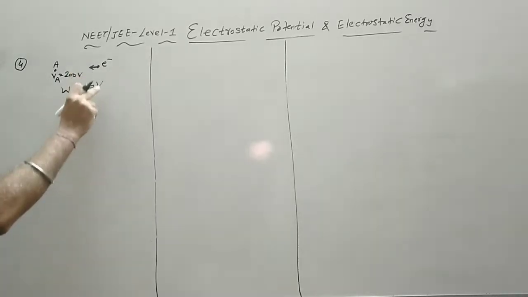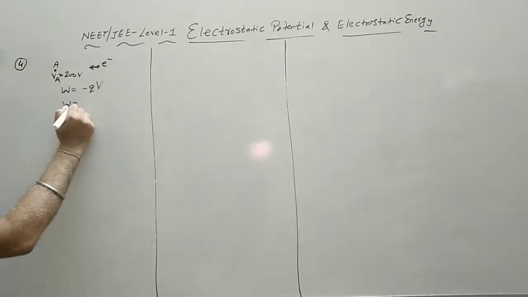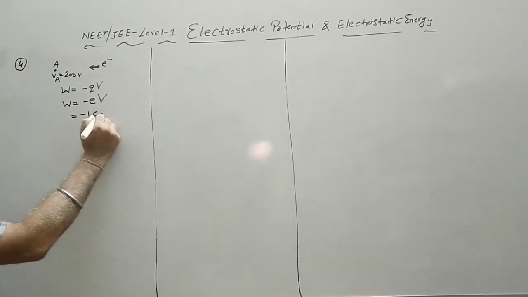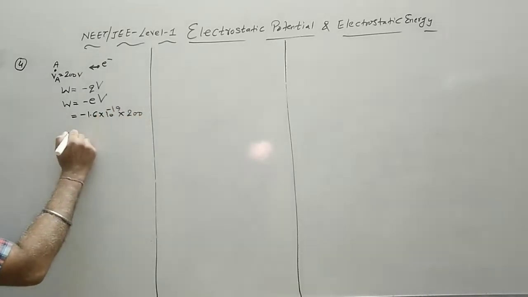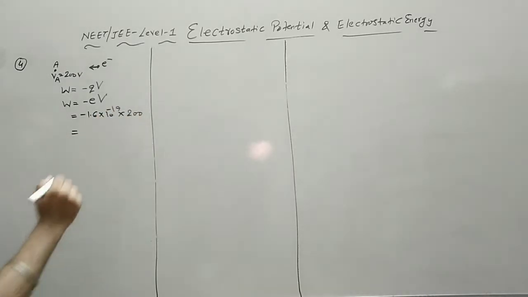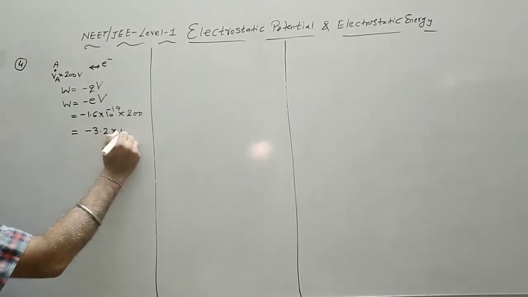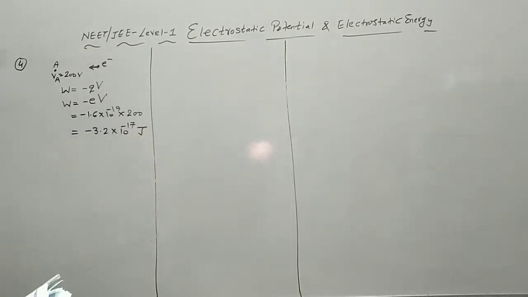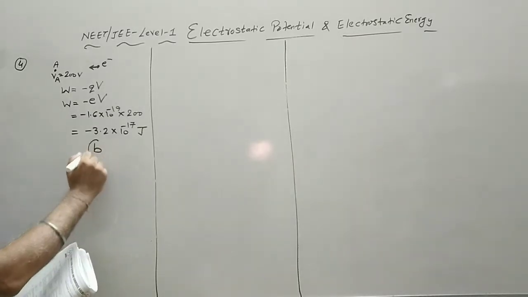But here the work is done by the field, so we have to consider this minus sign. So W is equal to minus eV, that is minus 1.6 into 10 raised to minus 19 into 200. So this becomes minus 3.2 into 10 raised to minus 17 joule. So here this is your option B.